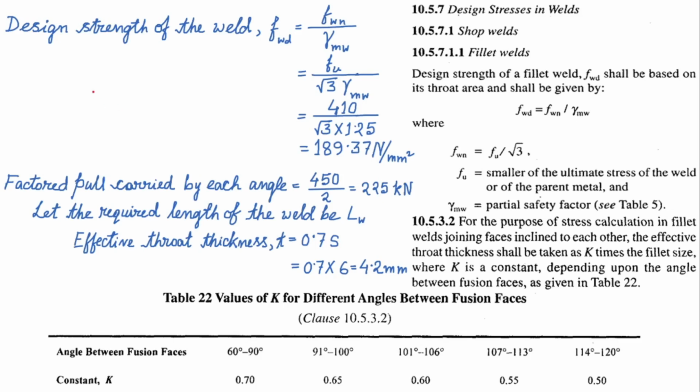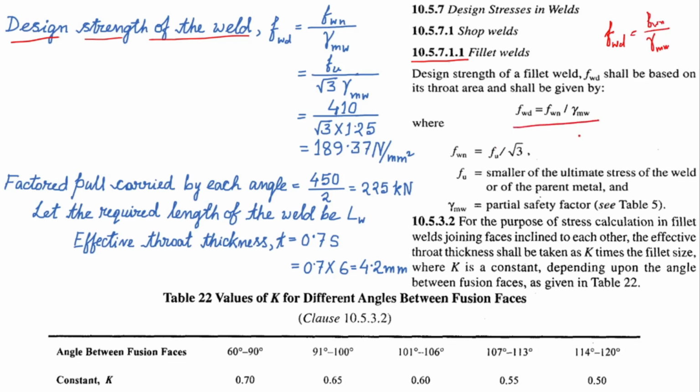Next, design strength of the weld. For the fillet weld, in clause number 10.5.7.1.1, design strength of a fillet weld FWD is given. What is FWD? FWD equals FWN by gamma MW. This is given in this equation.